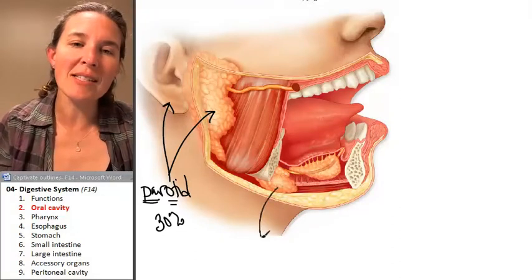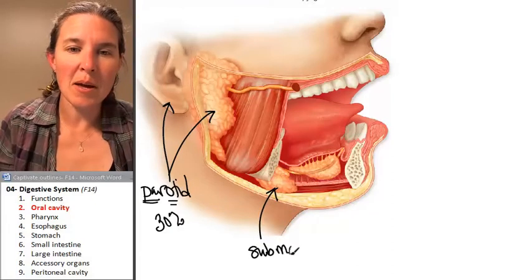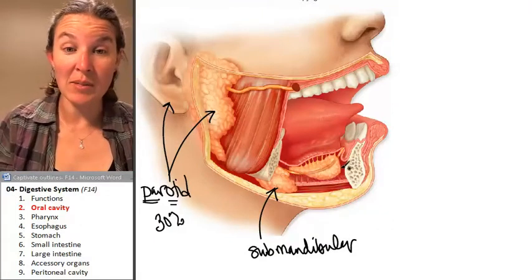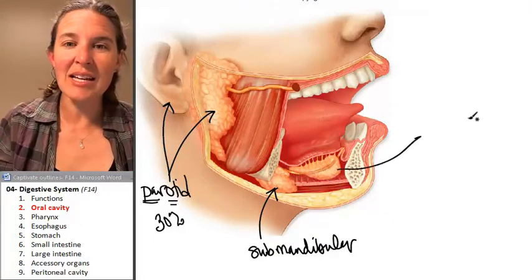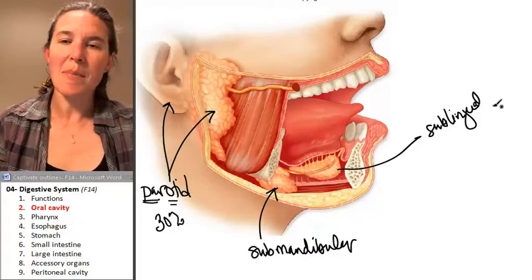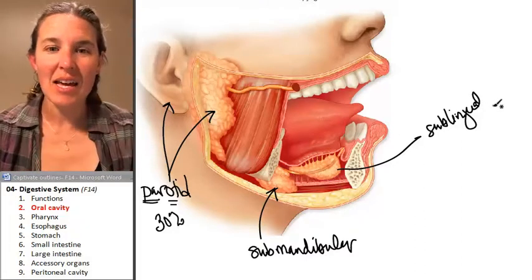Two other sets of salivary glands. You have submandibular glands. Submandibular. Now, I'm going to write the other gland down, and we'll talk about them together. My other gland is sublingual. My sublingual, lingual, tongue.